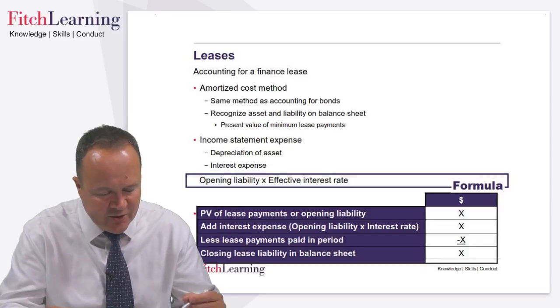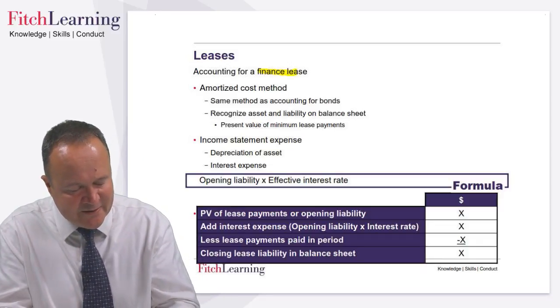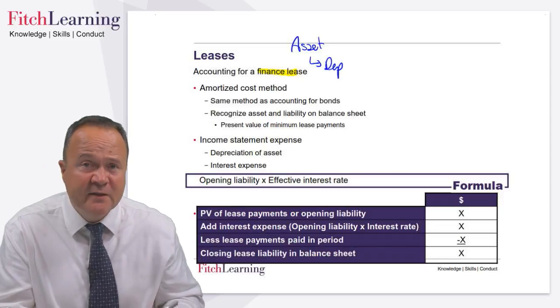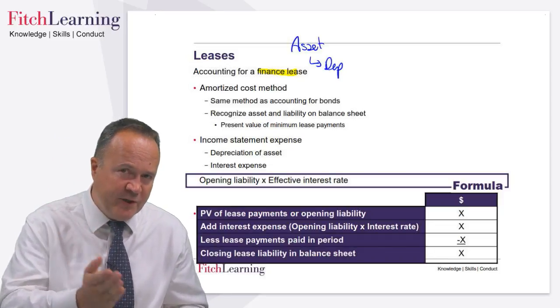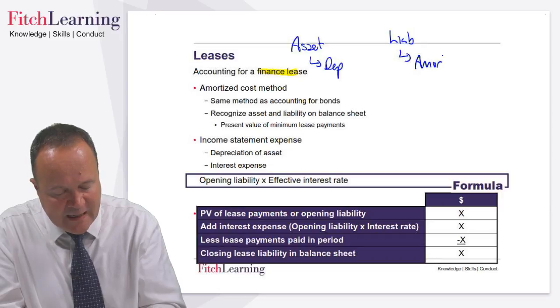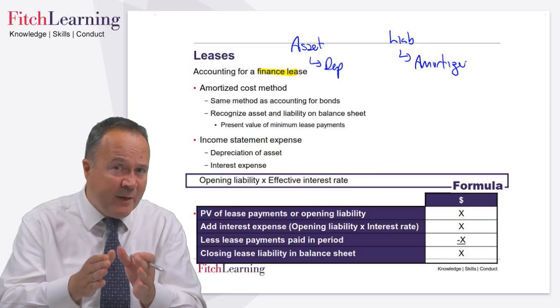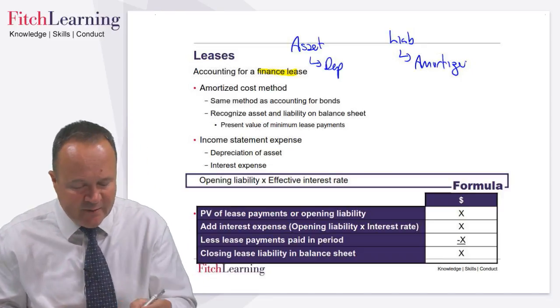So we're going to look at a finance lease, which will recognize an asset on the balance sheet, and that asset will then get depreciated, typically down to 0. Of course, that depreciation expense is coming through the income statement. And we have a liability, and that liability will amortize down to 0. And we know from the amortization that the interest part is coming through the income statement.